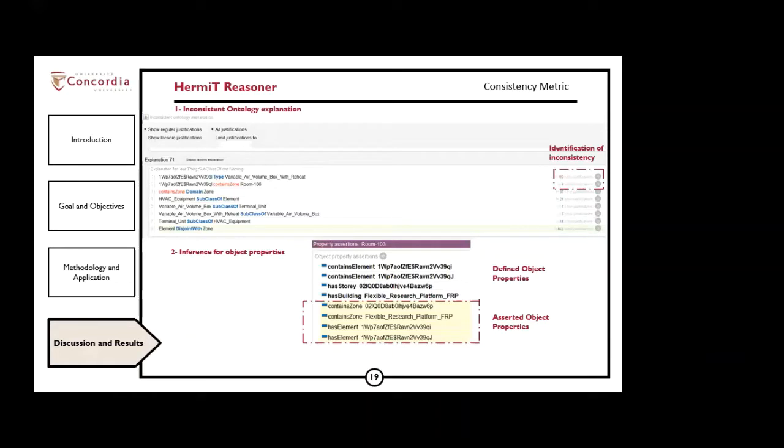Once the ontology is consistent, you go to the next step of inferences. In this case, I have 4 defined object properties that show which element is contained in which one, and then further the asserted object properties are introduced by the automated reasoner system.